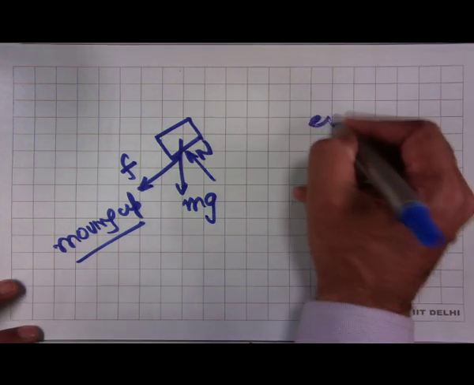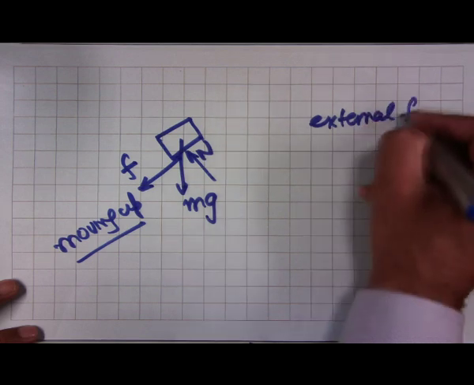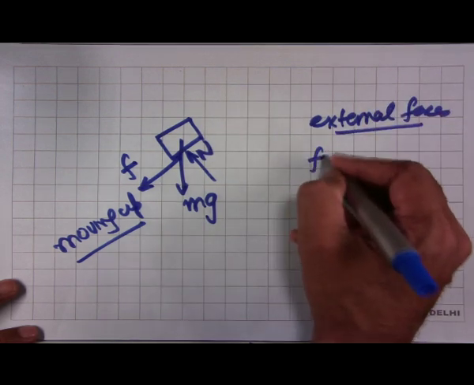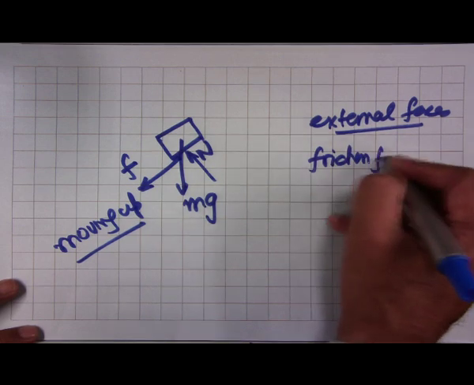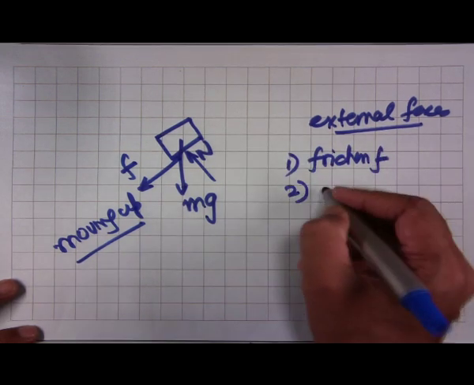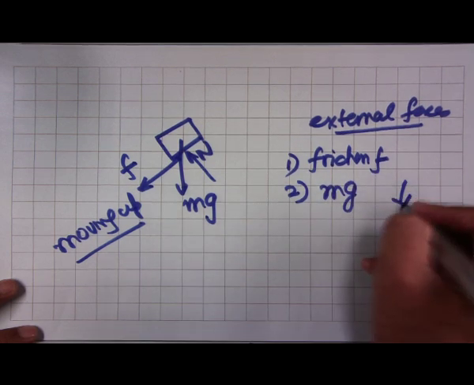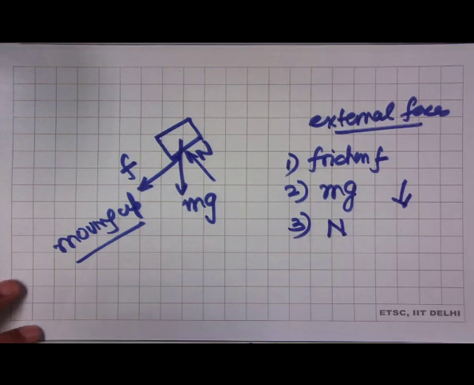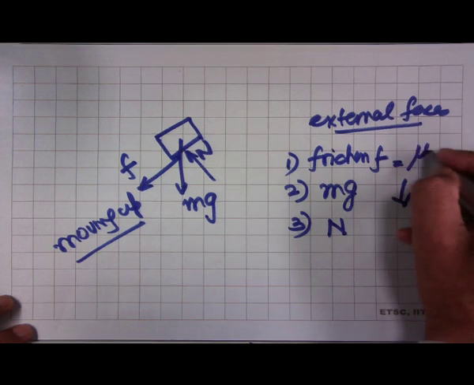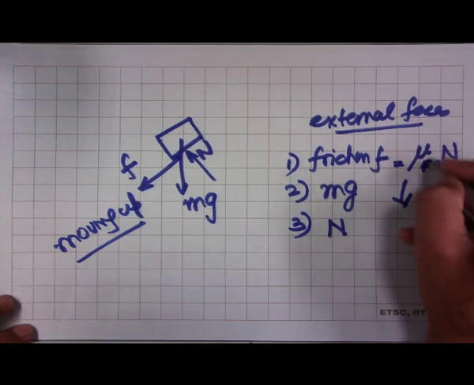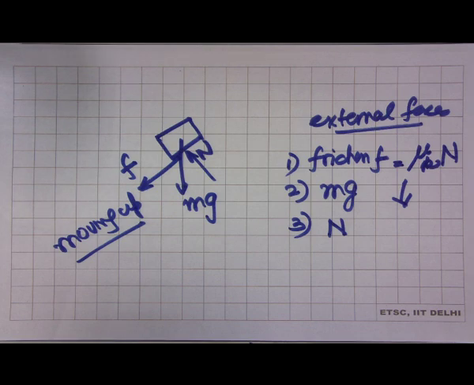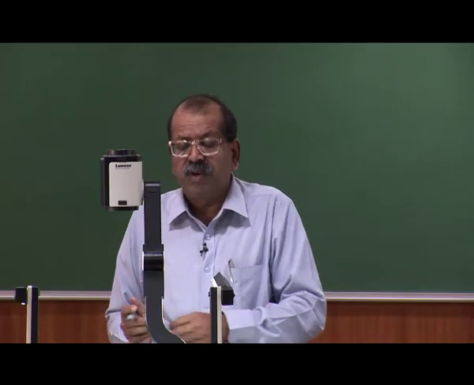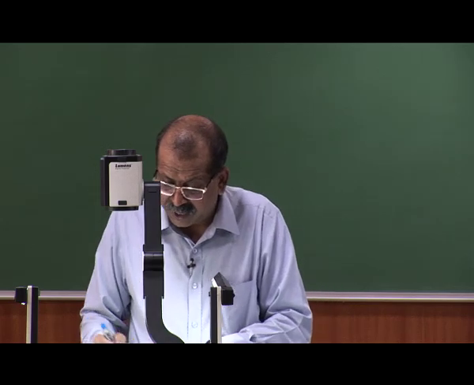So, external forces are friction F, 2 the weight mg which is acting vertically down, and 3 the normal reaction. Now, friction force, because the block is sliding, this will be equal to mu k times n. It is a case of sliding friction. So, there is relative motion. So, friction is equal to mu k times n.